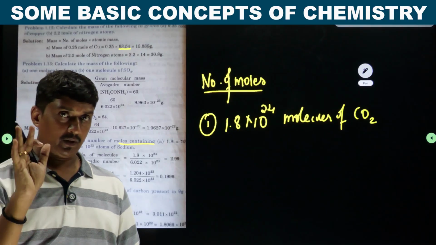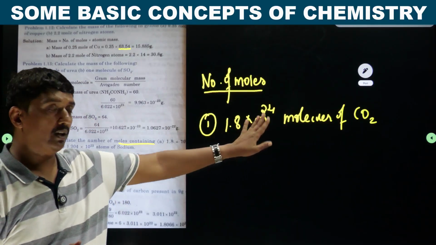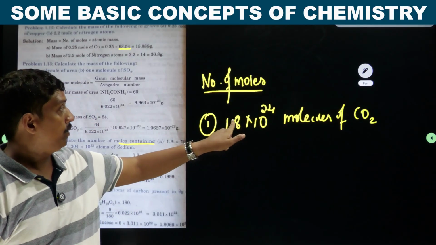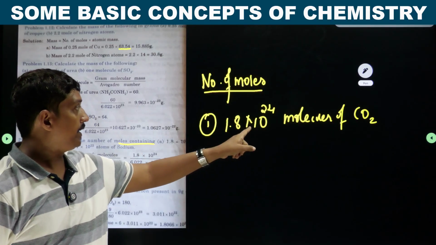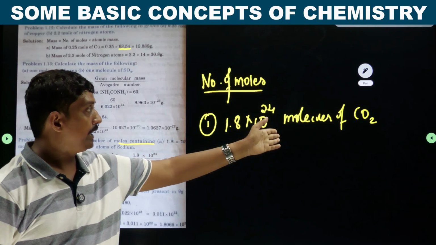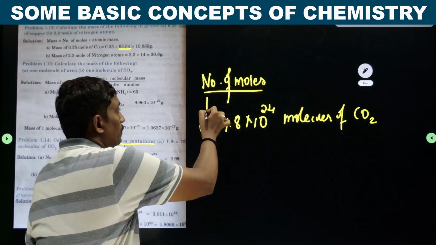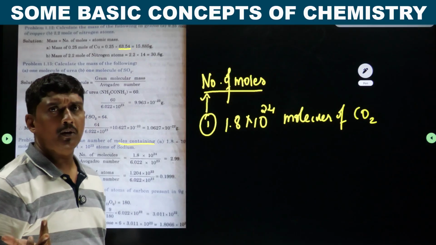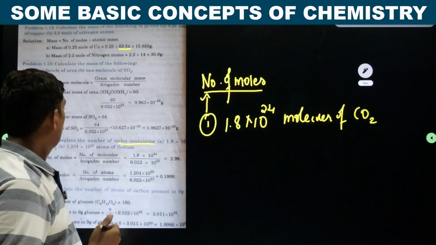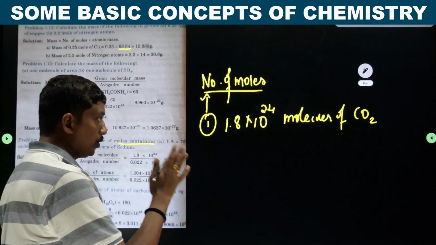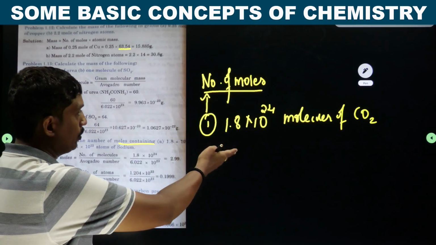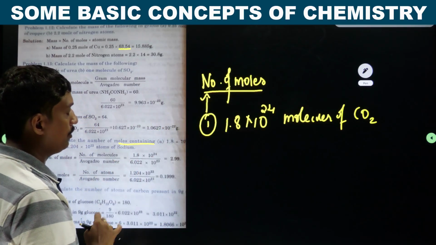First, we should read the question carefully. What is given? What should we solve? This is the data given. They have given 1.8 into 10 to the power 24 molecules. What should you do? It should be converted into number of moles. Very simple. Which formula is to be used to calculate the number of moles?